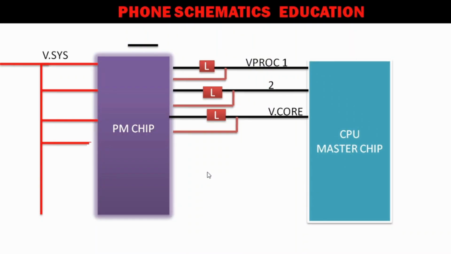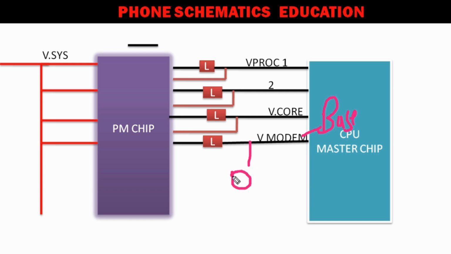Now another voltage comes, for the modem. After this, the power IC generates another voltage called VMODEM, which goes directly to the CPU in the baseband section. In this line you get 0.6 to 1.2 volt, most probably 0.8 volt. Clear?